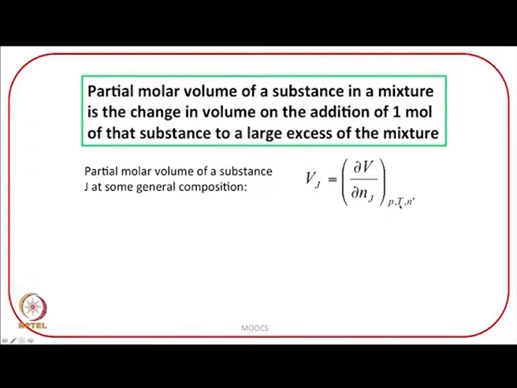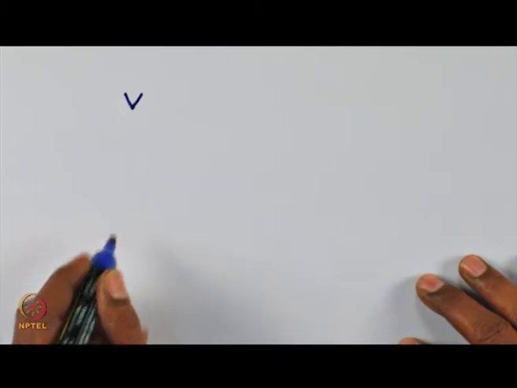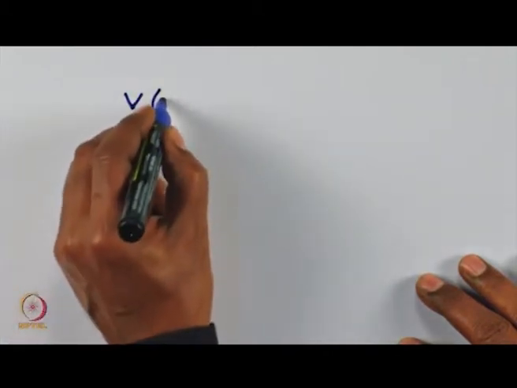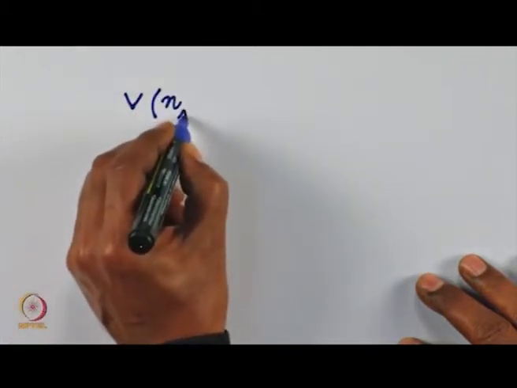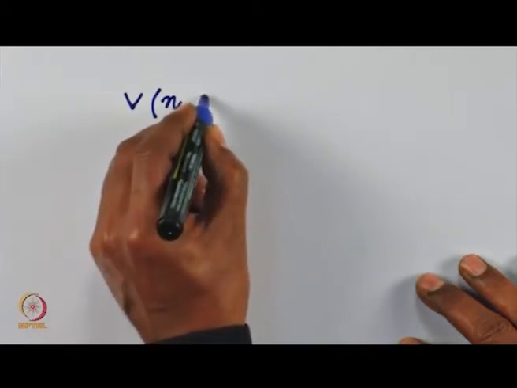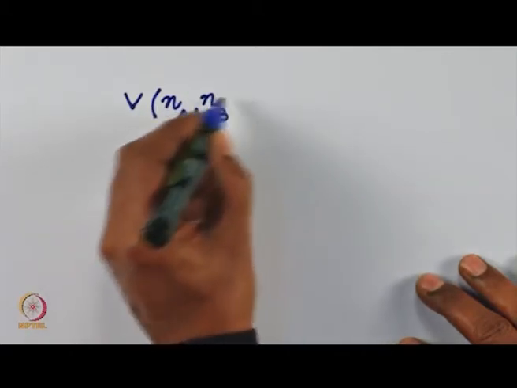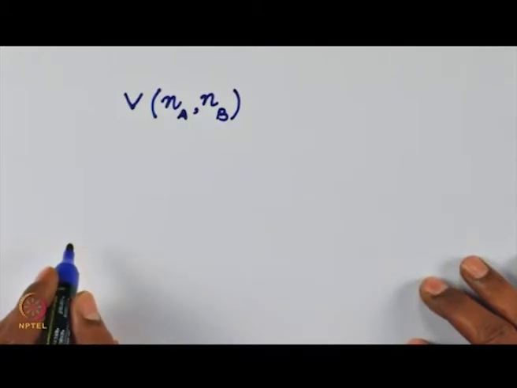Now, the total volume of a solution will depend upon the number of moles of A and number of moles of B if it is a binary mixture, and let us assume that the pressure and temperature are constant.